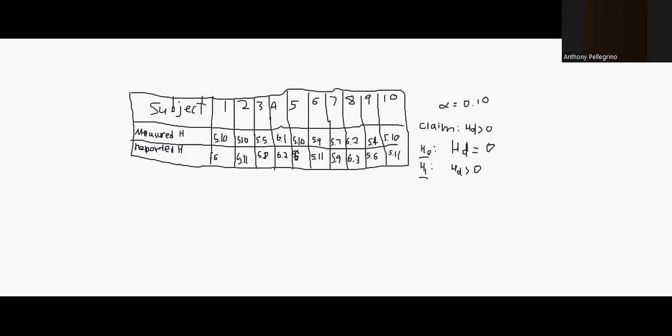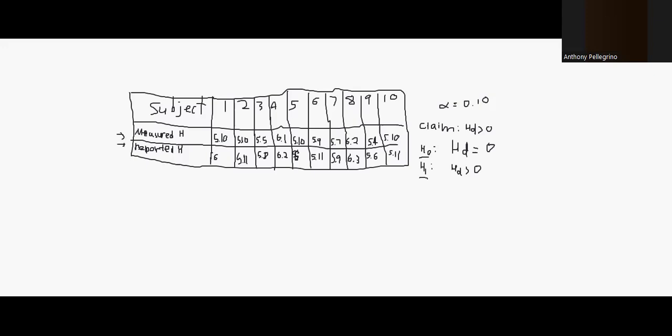greater than 0. So now we're going to find the test statistic, and to find that, we need to know that the number of subjects is 10, and through a little addition and subtraction, we can find that the mean difference is negative 0.17. And the mean difference is negative because we subtracted the lesser measured values by the higher reported values.